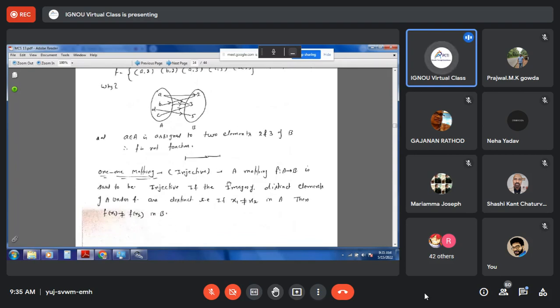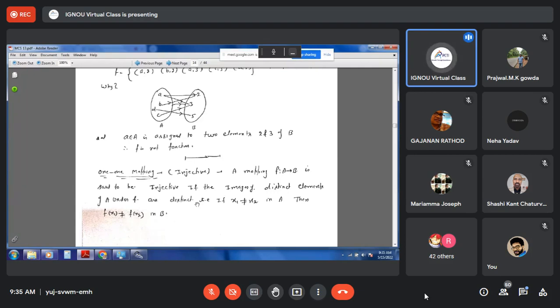Let us read the definition, then we will understand it. A mapping, which means a rule, function f from A to B is said to be injective, injective or one-one meaning the same thing, if the images of distinct elements of A under f are distinct in B.